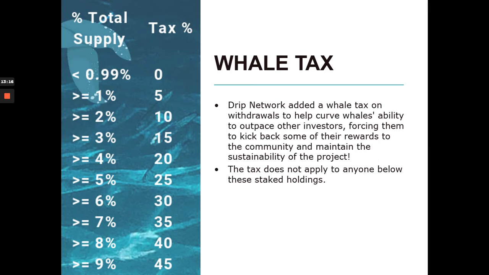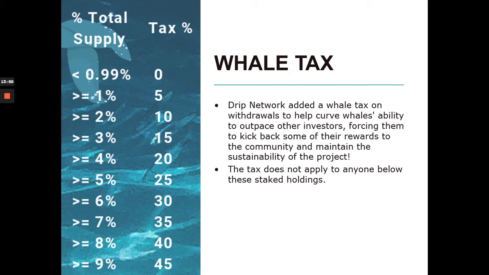There is a whale tax, for the people who are putting in big money. I am nowhere near a whale at this point, hopefully eventually. But for those of you watching who are or will become one, these are the whale taxes. Drip Network added a whale tax on withdrawals to help curb whales' ability to outpace other investors or players, forcing them to kick back some of their rewards to the community and maintain project stability.